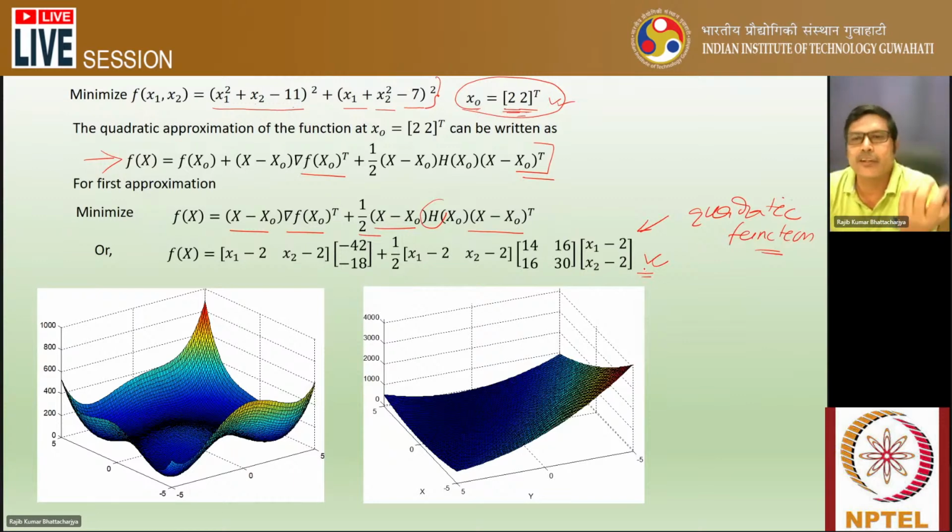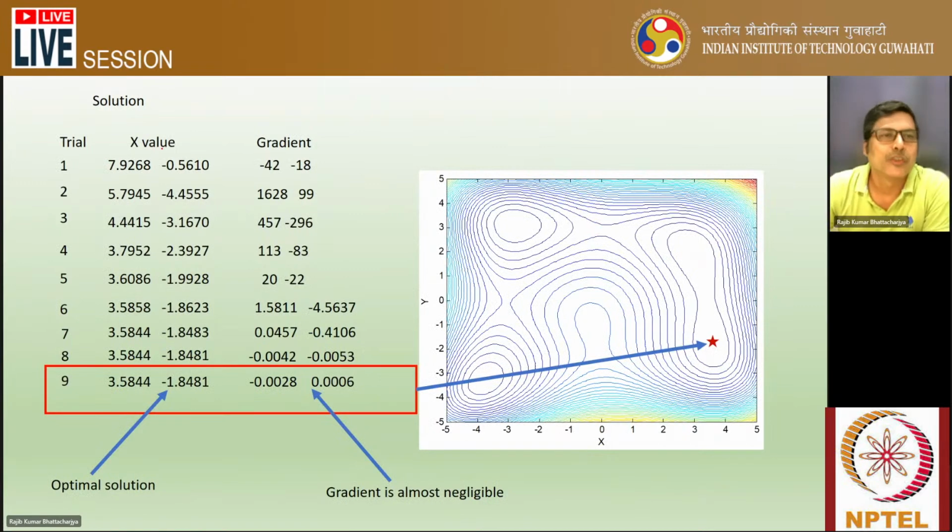You can apply Newton's method or the conjugate direction method and find the solution of this quadratic approximated function. I didn't show you how we solve this problem, but you can apply Newton's method. Here I have solved it using MATLAB.